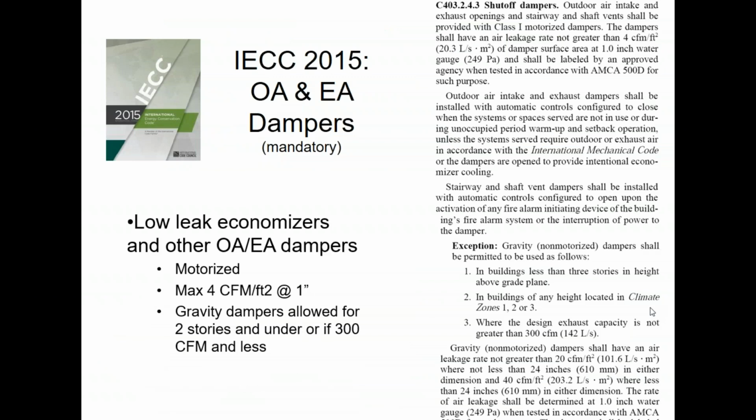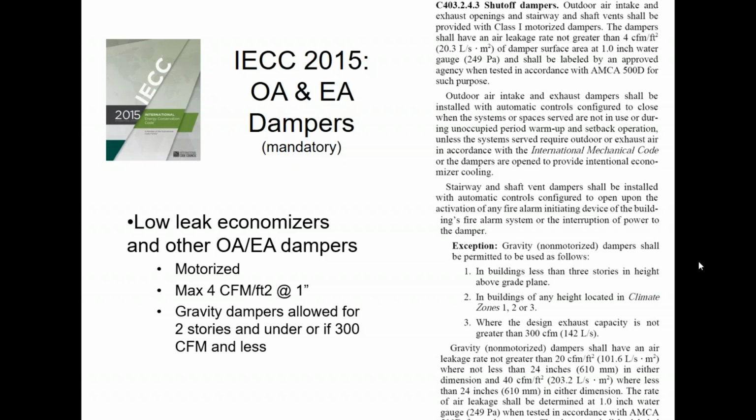Additionally, the dampers themselves, when they are shut, need to be really shut tight. So all night long, when we're not using those dampers for ventilation or anything else, we don't want cold air leaking in, or hot, humid air leaking in the summer. So we need to have a tight seal off. The energy code requires all shut-off dampers, which would include packaged rooftop unit economizers, to be low leak dampers, which means that they can only leak a maximum of 4 CFM per square foot when tested at 1 inch of pressure.